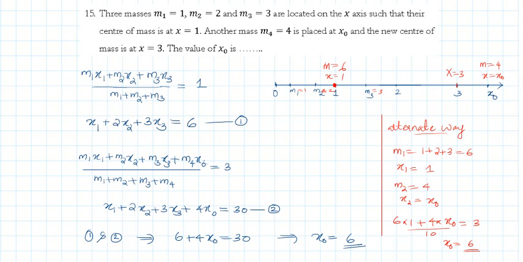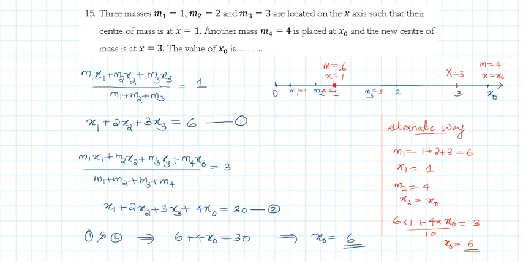So the center of mass concept is, if you have more than one mass, then center of mass will give you the point where the effective mass distribution will come. That is, if you have 3 masses 1, 2 and 3, then the total 6 units is like the 6 units kept at x equal to 1. So you can treat it like that also.